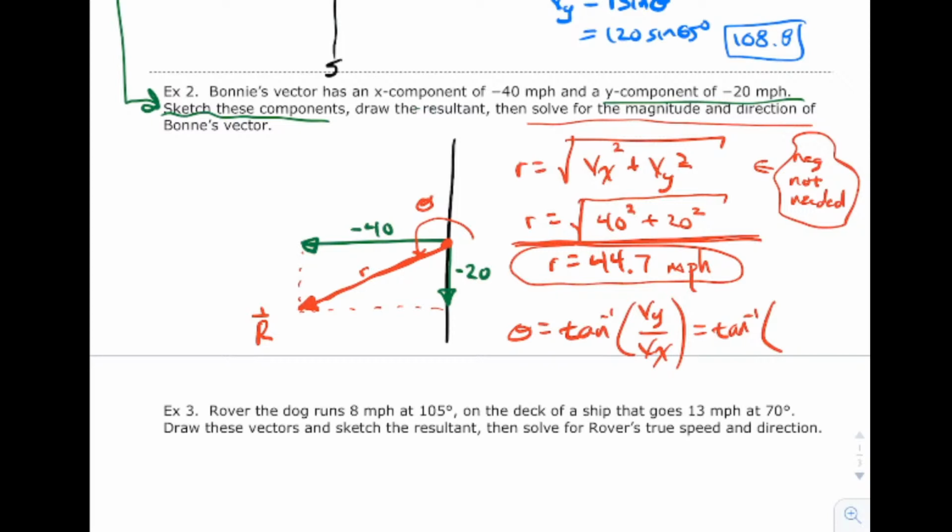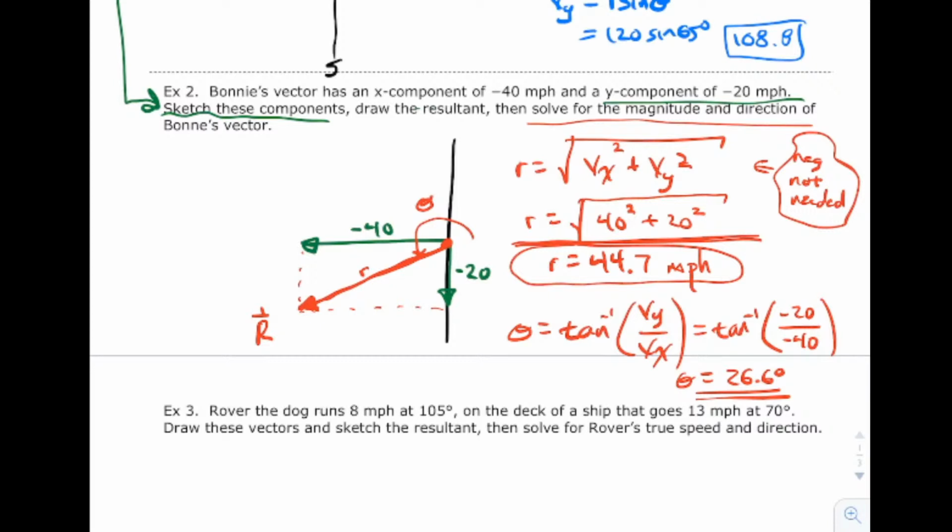So the y component is a negative 20 and the x component is a negative 40. So in this case, the negatives are going to cancel. Shift tangent of basically 0.5. The angle that the calculator says is 26.6 degrees.